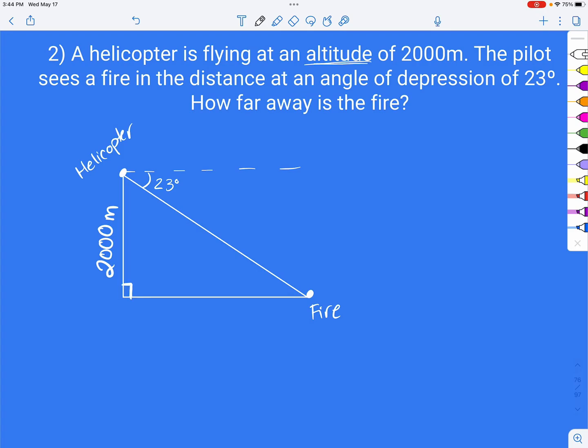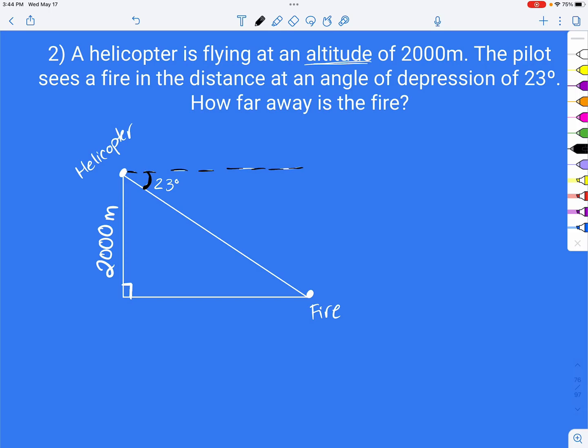So that 2,000 meters would be perpendicular to the ground. How I drew this, my triangle is on the bottom side. The angle of depression, again, I didn't have this line, but to add in an angle of depression, I need a horizontal line. So I got the 23 there.